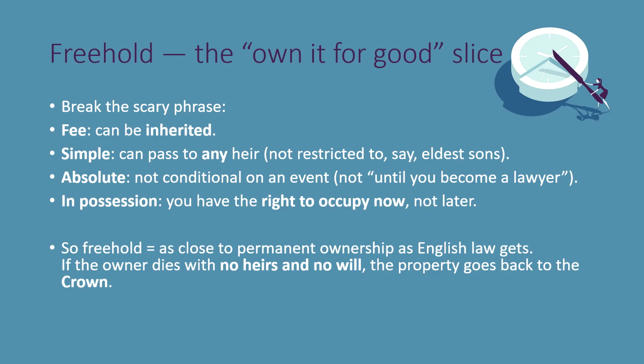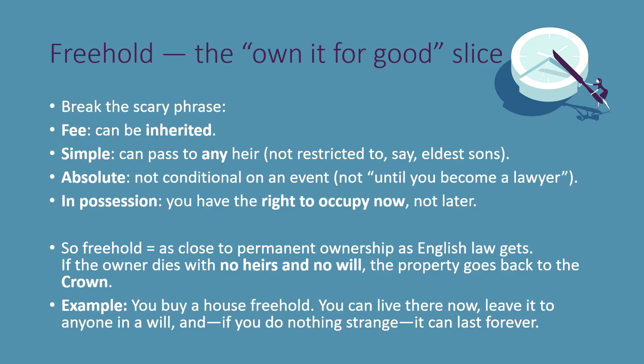Normally the only time the property will go back to the Crown, so King George for example, or whoever might be the king or queen at that time, is if the owner dies without any heir and no will. Okay.